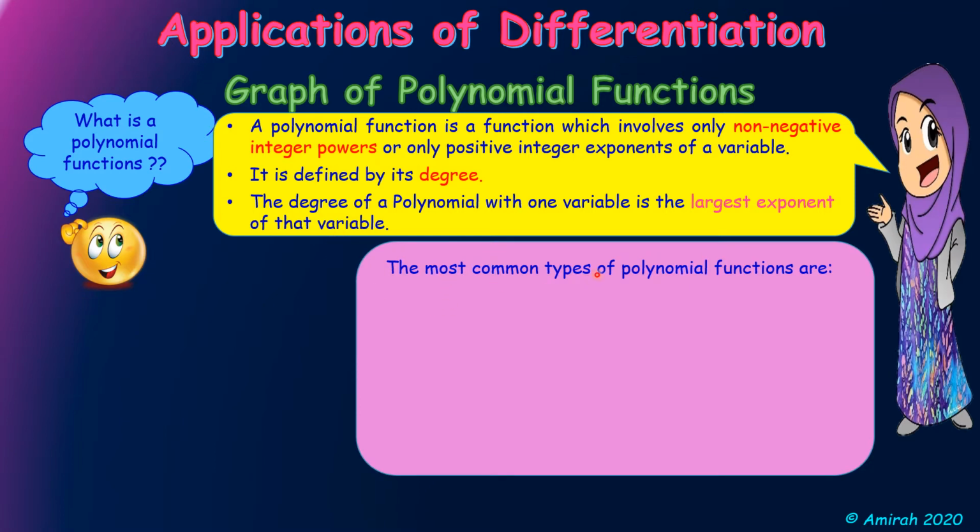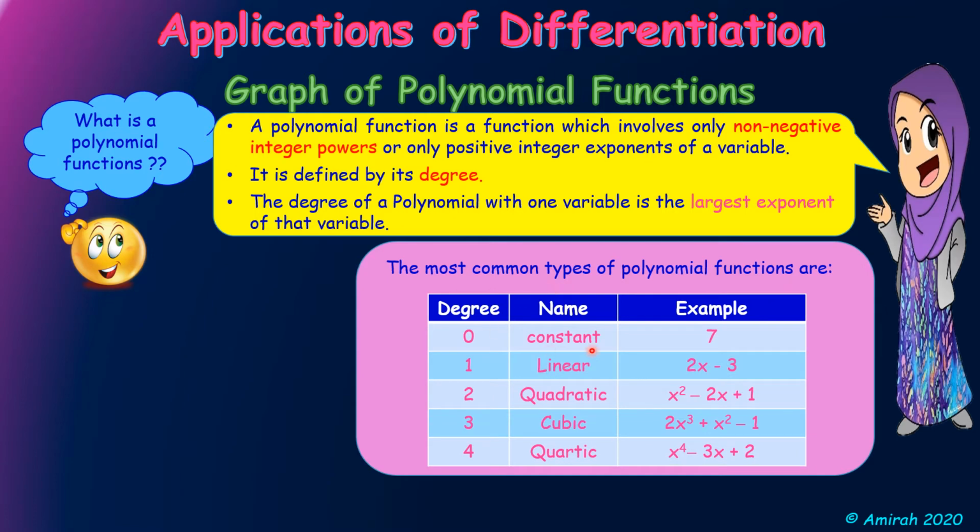The most common types of polynomial functions are constant, which is degree 0, for example 7. And then linear, which is degree 1, for example 2x minus 3. And then quadratic.